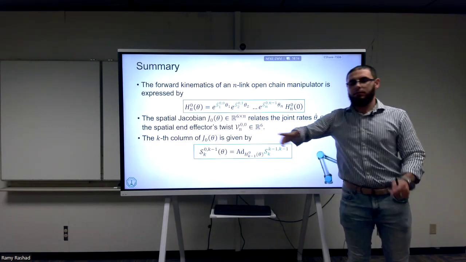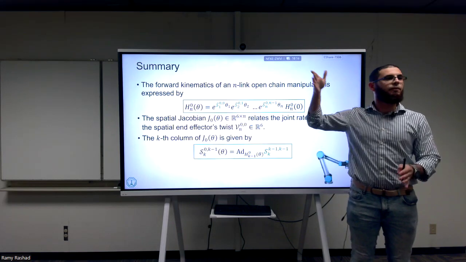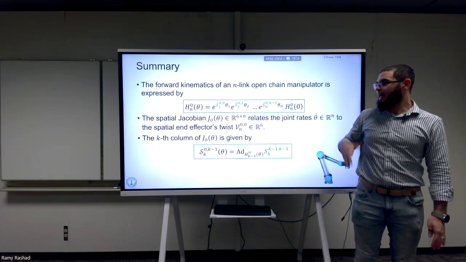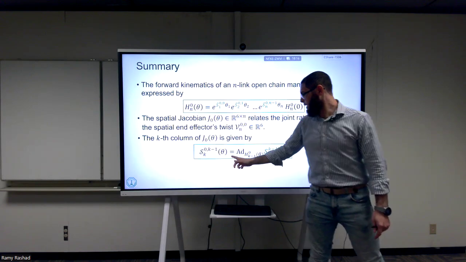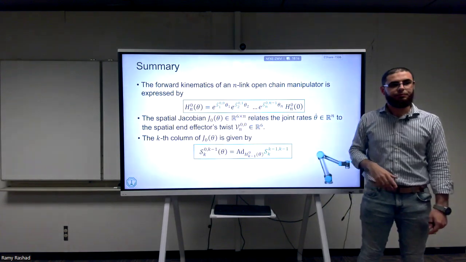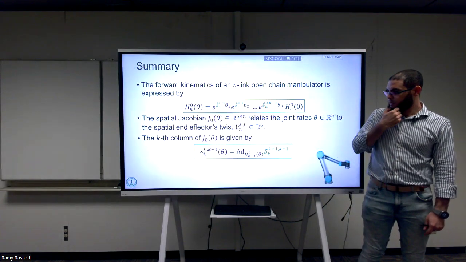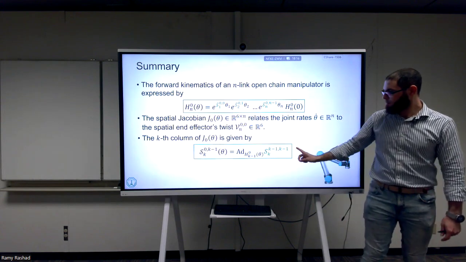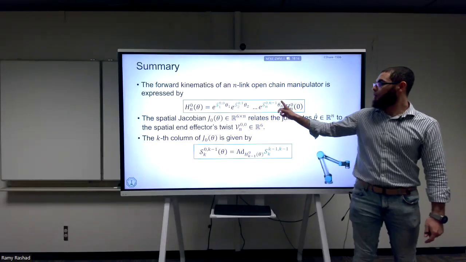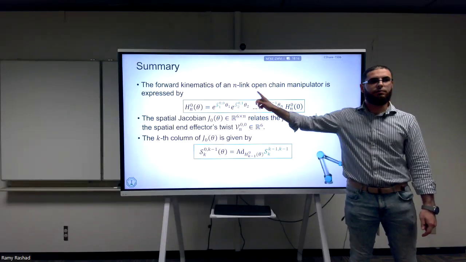The J contains n column vectors. The kth column of the J matrix is given by this expression. Okay. And this part here is a constant. All of these are also constants.